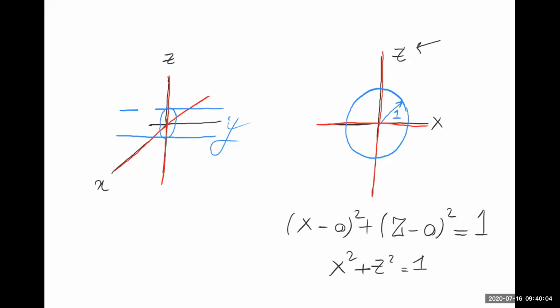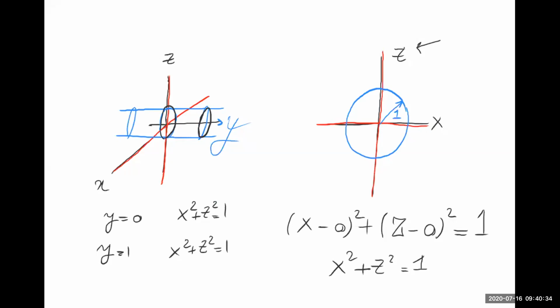Now, if you want to know the equation of this cylinder, which is parallel to the y direction, we can do the same argument. If y is equal to 0, we have this circle here, which is x squared plus z squared equals 1. If y is 1, we see the same circle, x squared plus z squared equals 1.